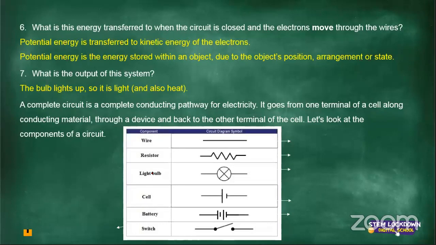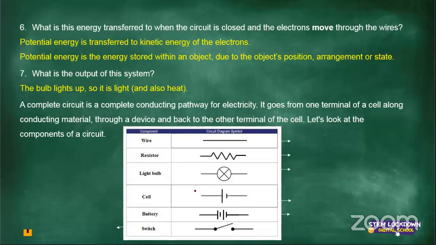Ma'am, hi. Ma'am, I just want to know if a battery has 2 cells, how does one cell look in real life? If you put it in a circuit. So basically, you have a cell, right? And it's simple. It's not as concentrated because you get different types of batteries, right?